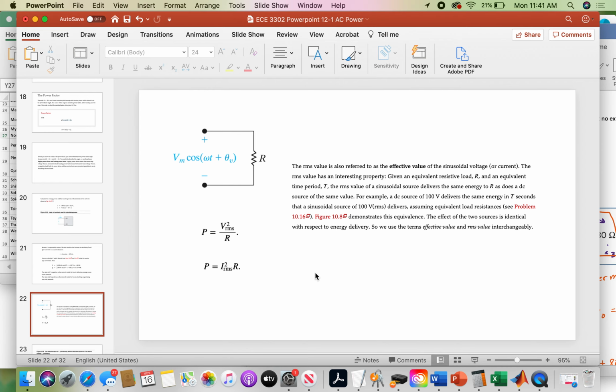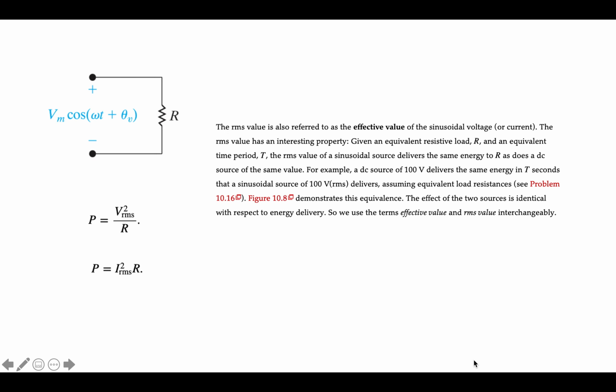Okay, so new topic. We completed the example, and now what we want to talk about is how this is different if we use RMS currents and voltages. So first of all, you need to know that I will always tell you if the voltage or current are RMS.